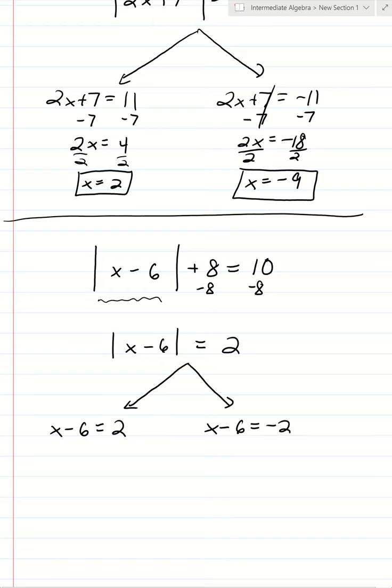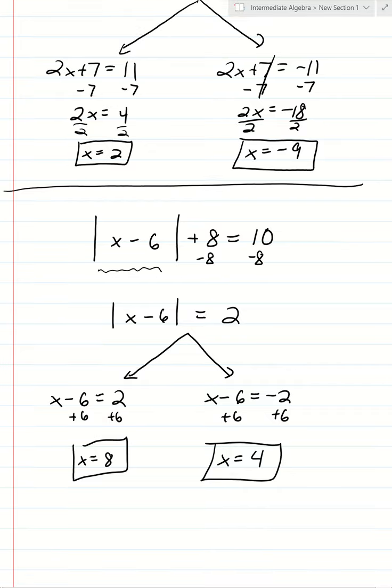As we go now to solve for x, you would add the 6 over, giving us a solution of x equals the number 8. And as we add the 6 over on the second equation, that would give us a second solution of x equaling the number 4.